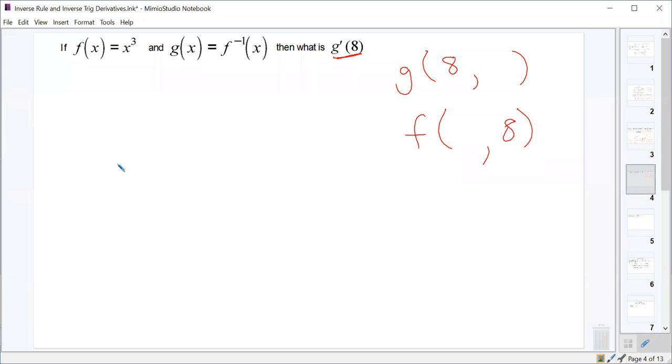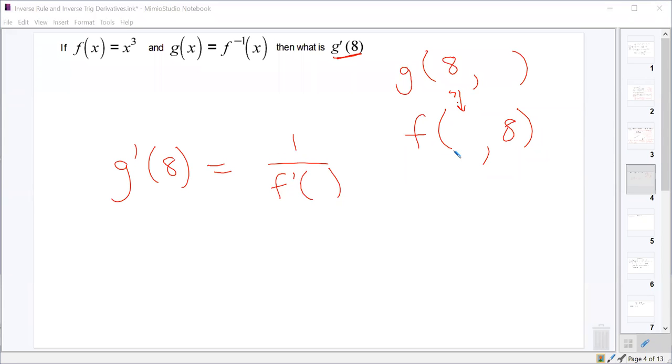And G prime of 8, according to this rule, ought to be 1 over F prime of whatever value this is, right? Question is, what is that value?